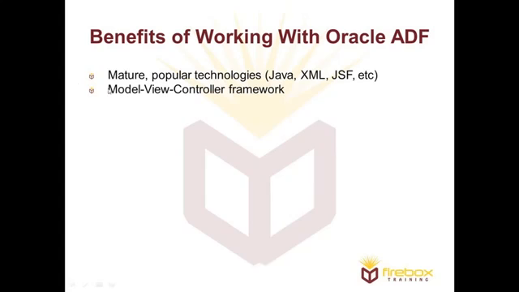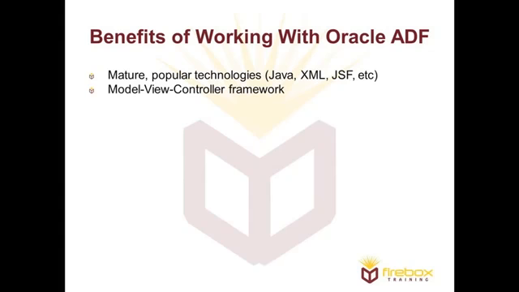It is based on the Model View Controller framework, and a lot of different programming languages implement this kind of framework. Basically, MVC architecture means that what the end user is seeing, whether it's a web page or a Swing application or their smartphone, is the view layer of the application.